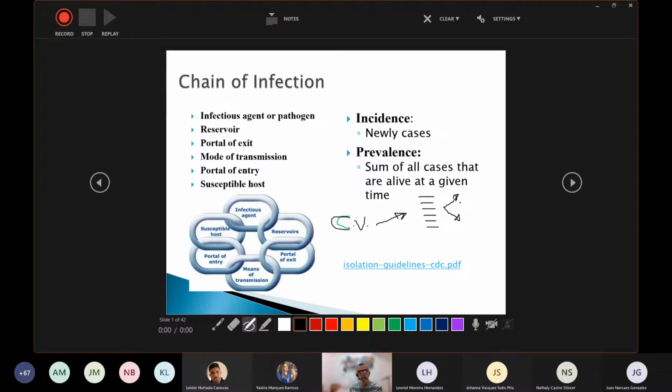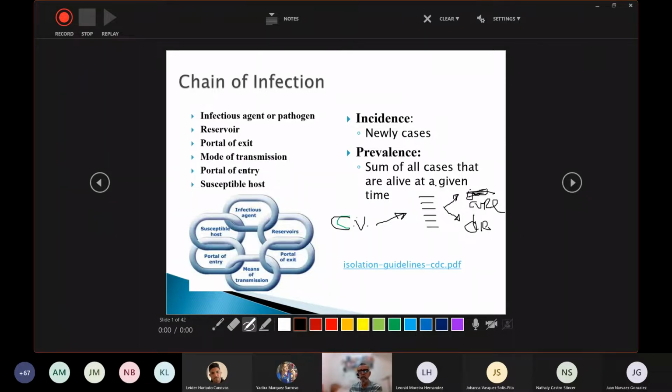Generally for acute infectious diseases, you have two outcomes: you survive and you cure, you eliminate the disease, or you die. Those are the two outcomes of coronavirus. You don't continue suffering from coronavirus for the rest of your life.